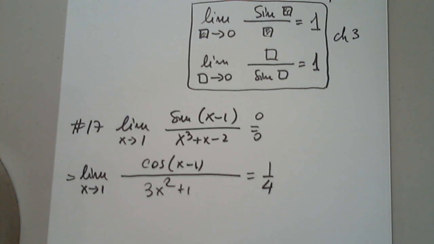Okay. Let's see if we want to choose something else. For example, on this one, you probably could use L'Hopital's rule, but maybe I would have tried what? If you don't use L'Hopital's rule, what do we try on 25?